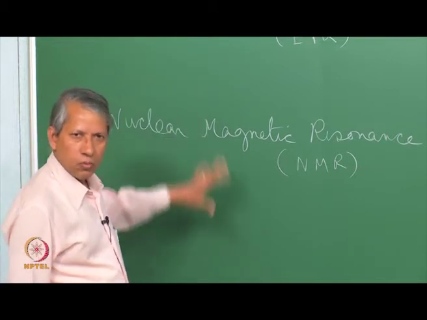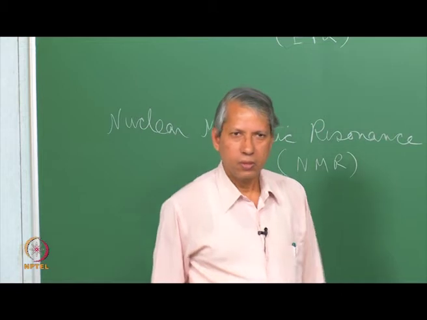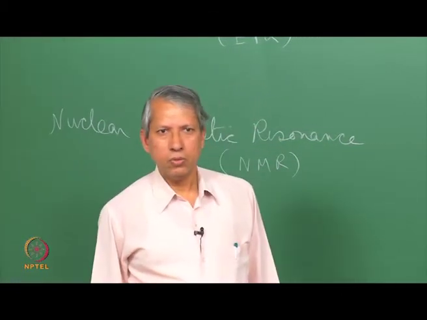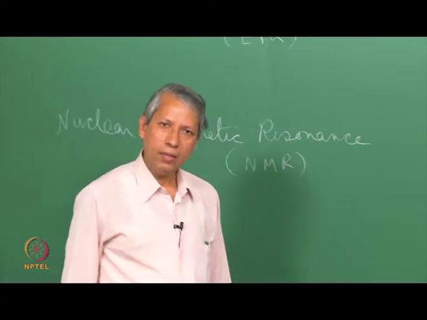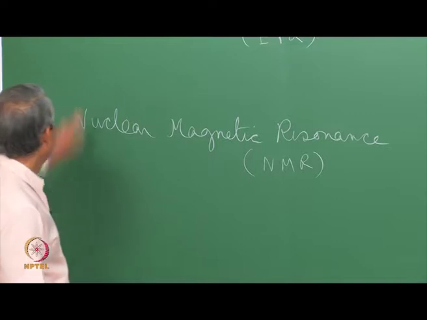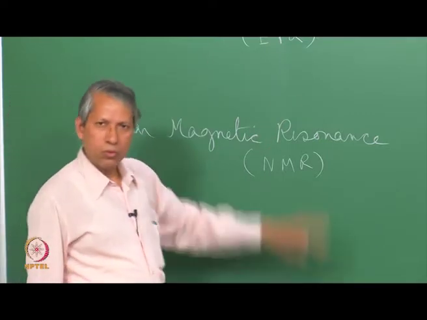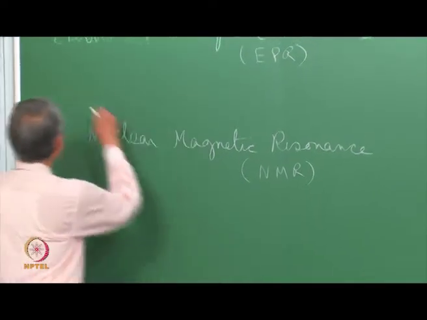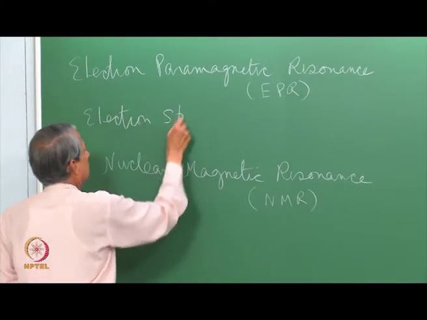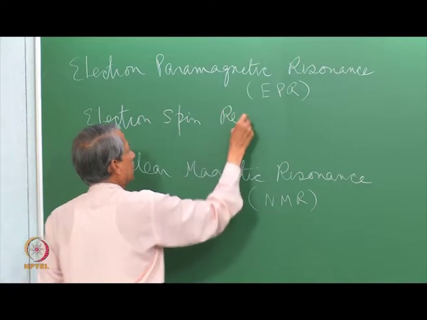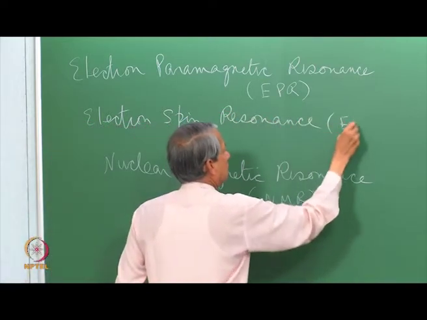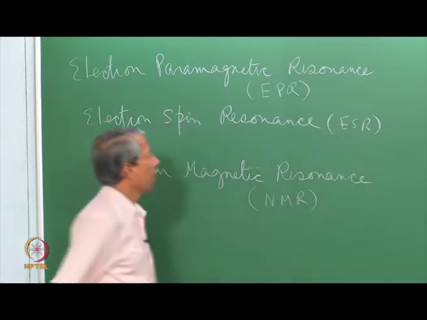In this course, as we learn more of electron paramagnetic resonance, we will also see the similarities and differences in these two techniques. Now, electron paramagnetic resonance is also known as electron spin resonance, or ESR.